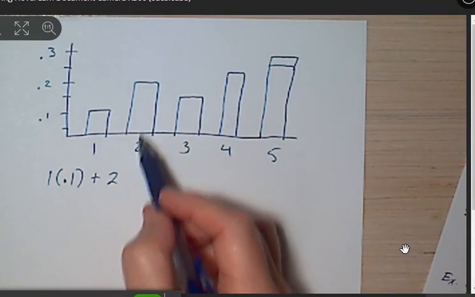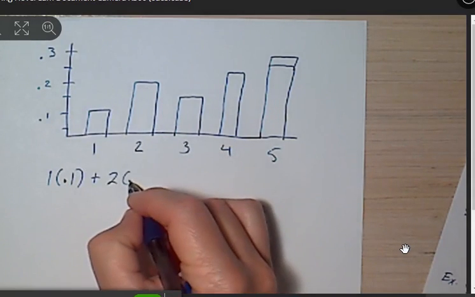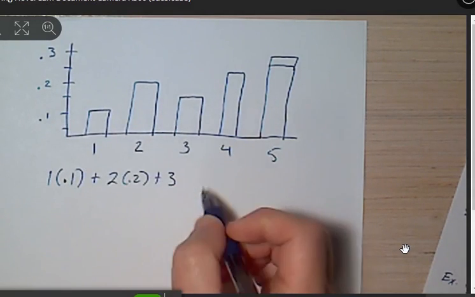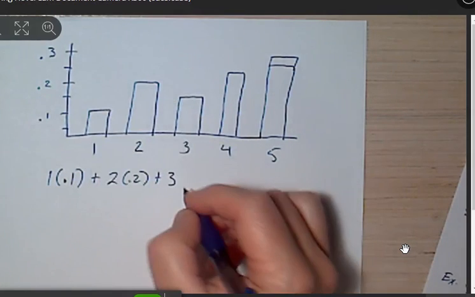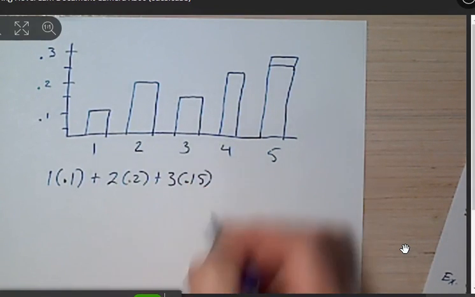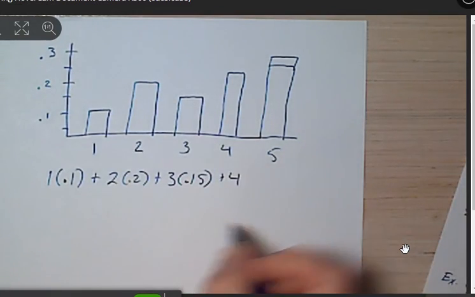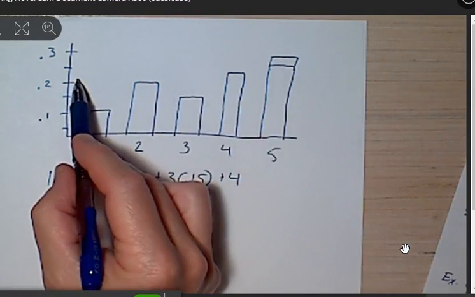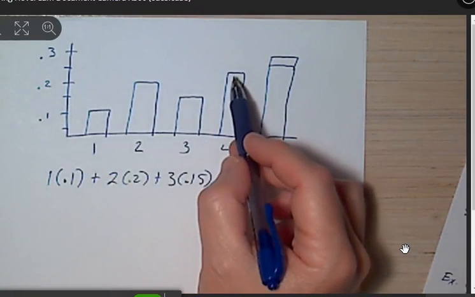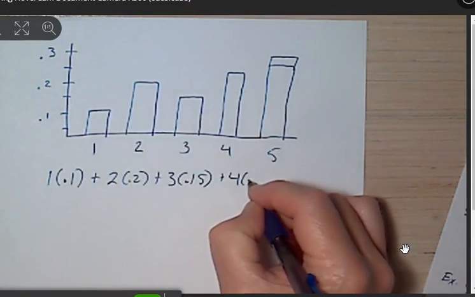Do the same thing for a 2, which would be a 0.2. 3 in that case is a 0.15 because it's halfway between 0.1 and 0.2. Getting a 4, that one is at a 0.25.